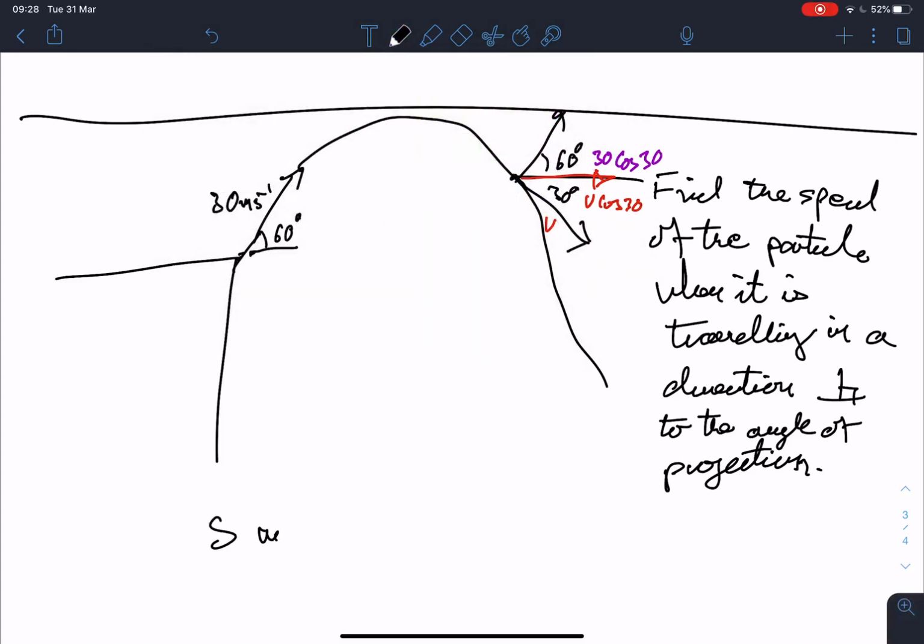Right, now, if you've not seen this before, you might struggle initially to start with, but it's very straightforward once you understand what's going on. So don't worry if you can't get it this time. It's going to come up a few times over the next few lessons.